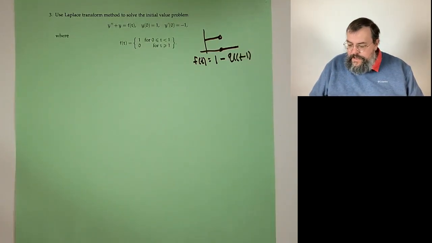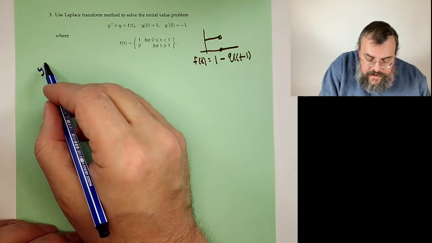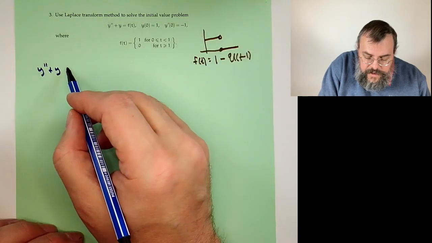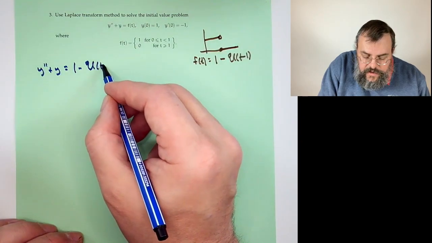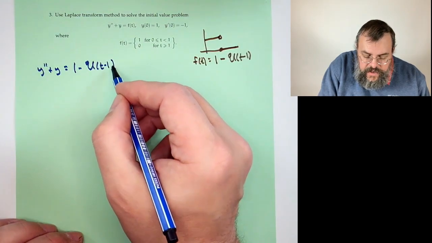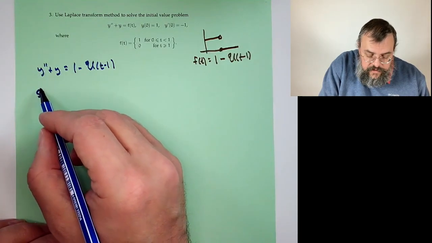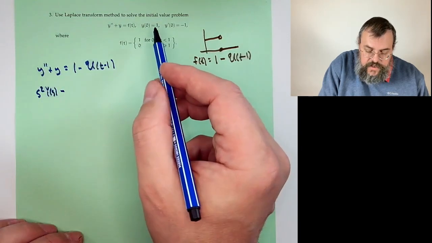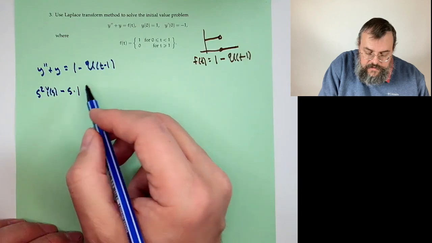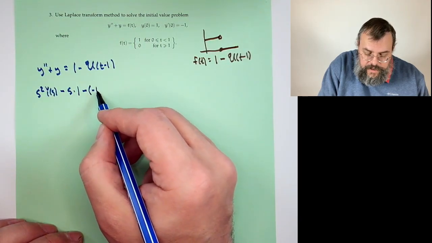All right, well, now I'm not going to give too much commentary because this is very similar to what we did before. So we have y double prime plus y is 1 minus u of t minus 1. The Laplace transform of y double prime will be s squared Y of s, subtract s times y of 0, and then subtract y prime of 0.